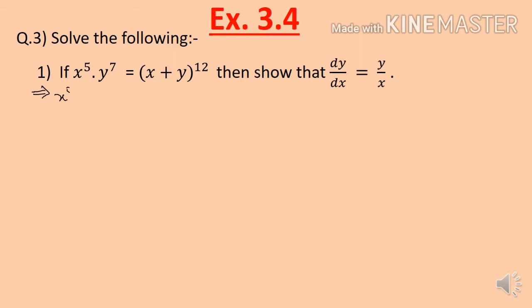We are given x raised to 5 into y raised to 7 is equal to x plus y raised to 12. Now first thing that we'll do is we'll take the log on both sides. So let us write taking log on both sides.